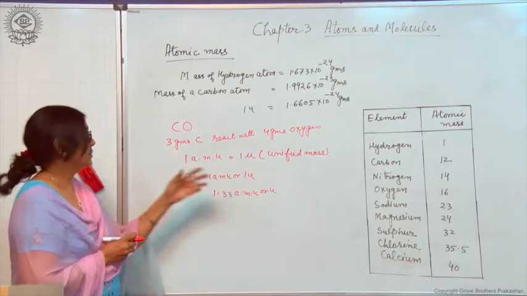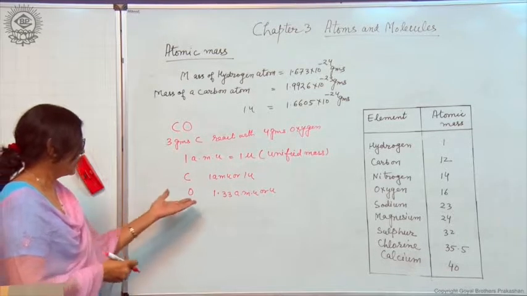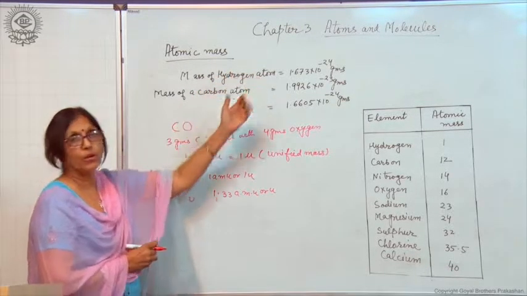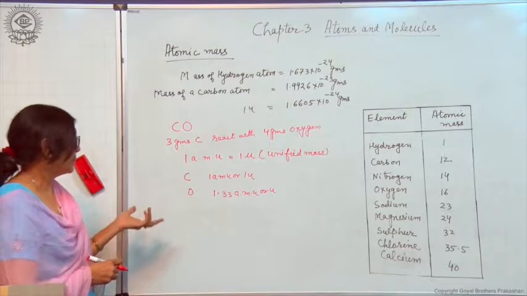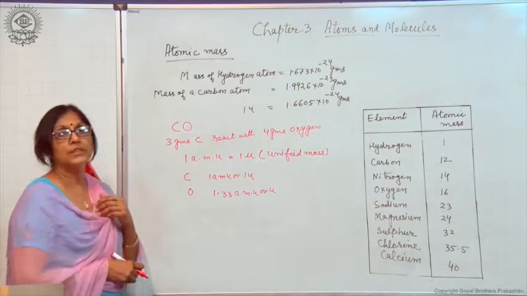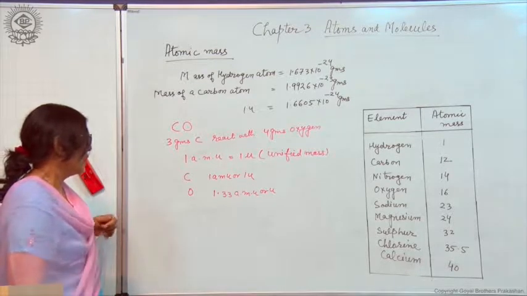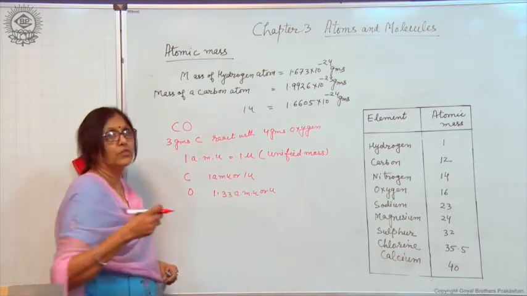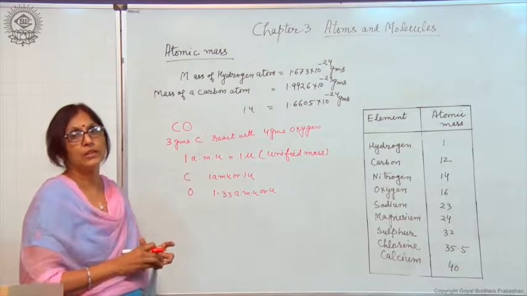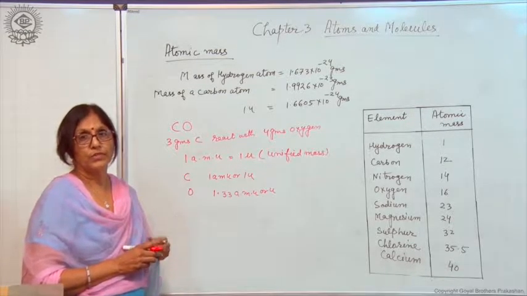This is a fractional number and though it is very convenient as compared to such a small mass, but later on it was thought that oxygen can be taken as standard and 1 AMU or 1 u is taken equal to 1/16 of mass of oxygen atom.